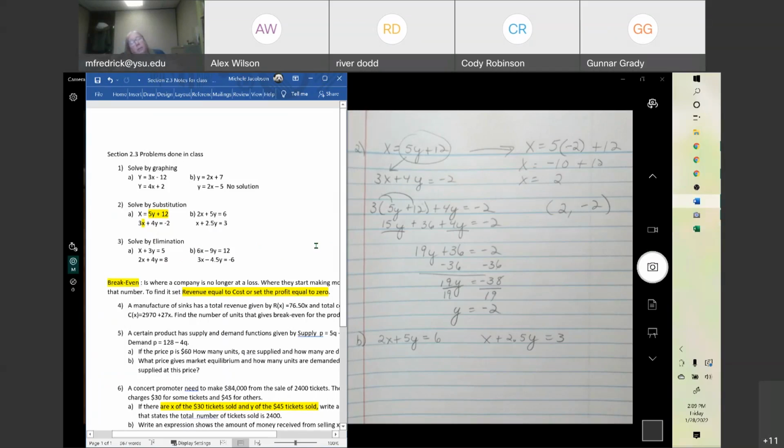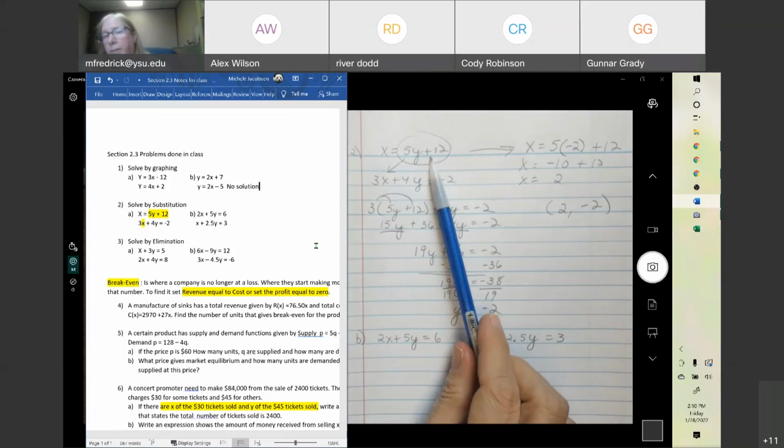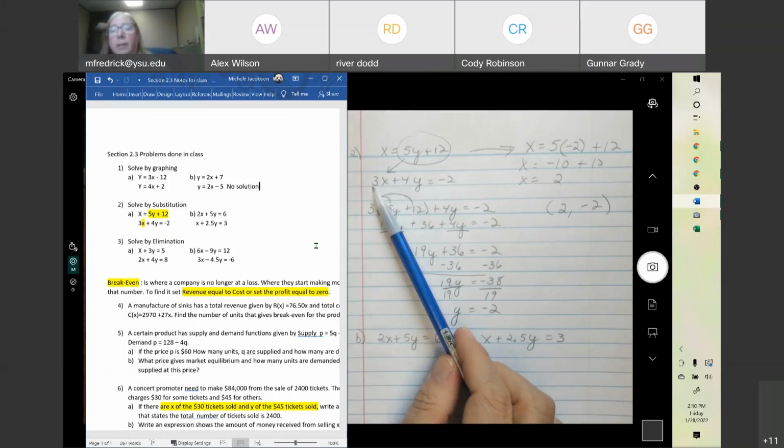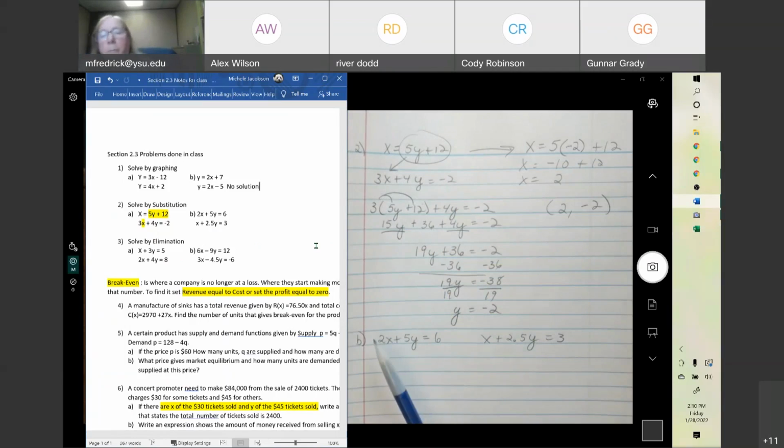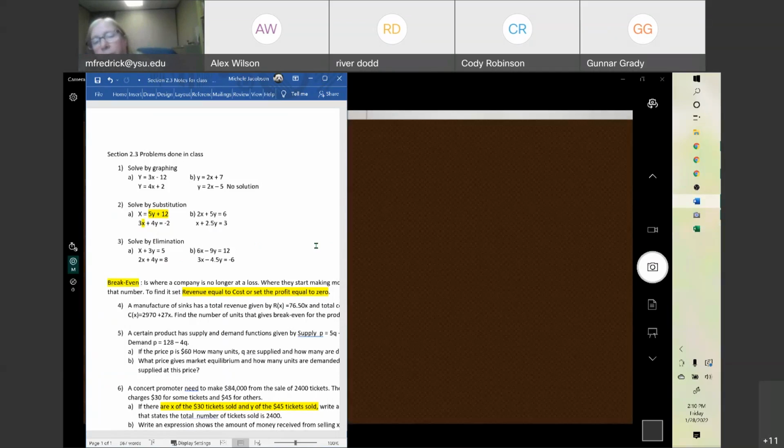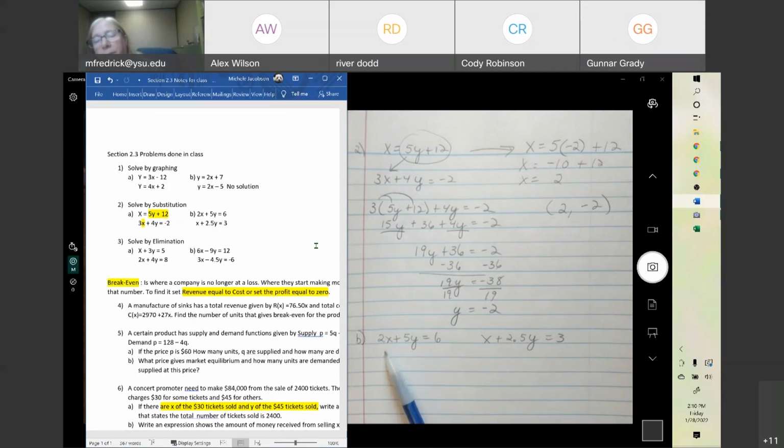You might want to use elimination instead of substitution because it's not solved for a variable. Where this one was solved for x, we just plug that in. These ones are not. If we solve for x in the first, we're going to have to divide by a 2. Here we'd have to divide by 5. But this one here, if we subtract the 2.5y to the other side, then it's solved for x.